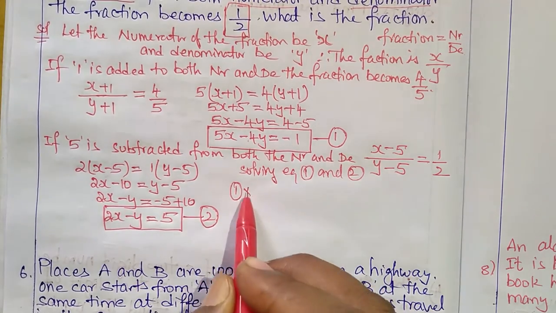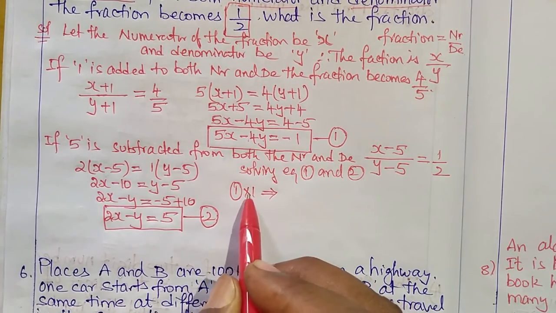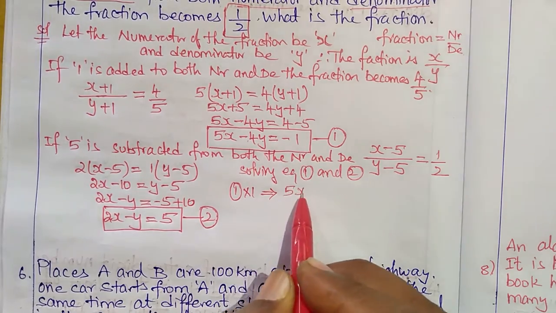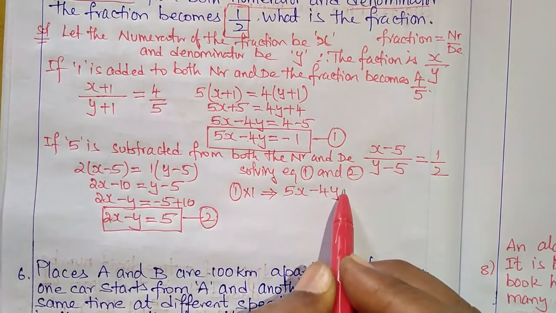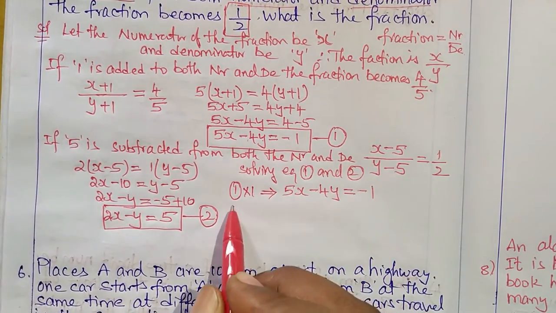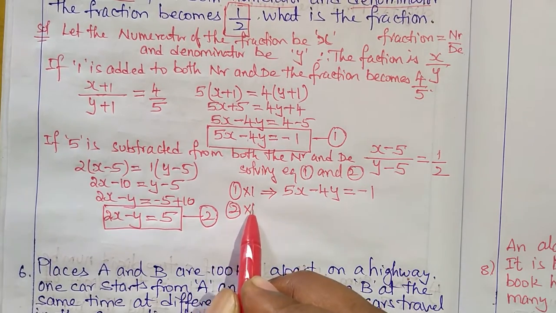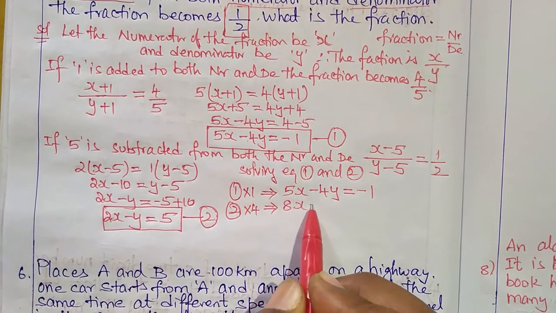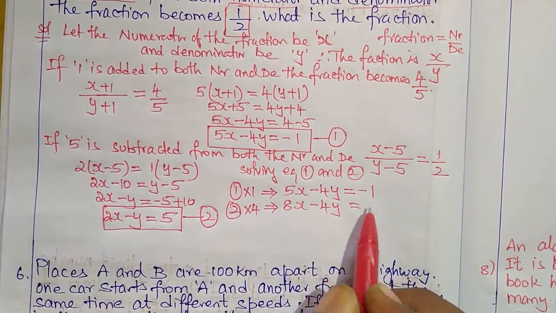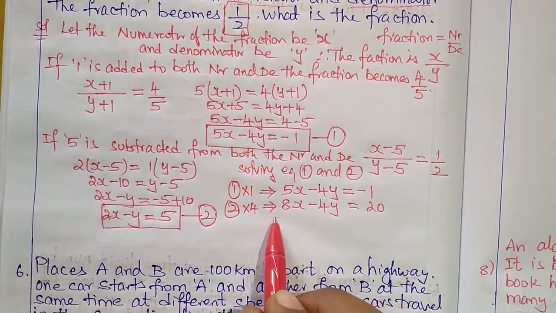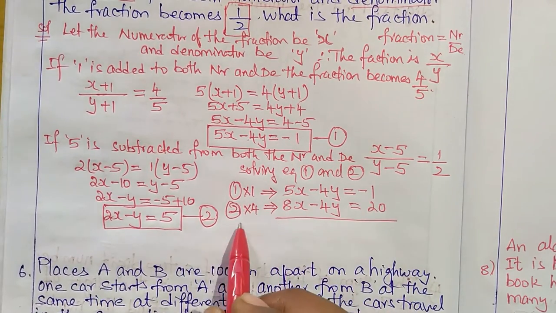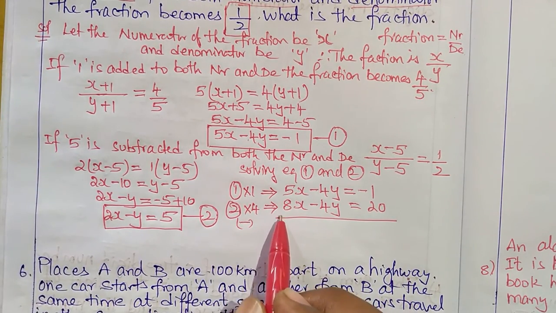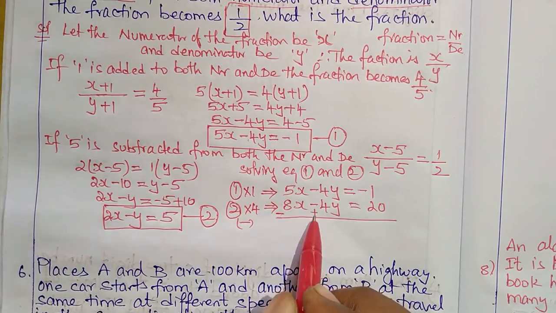I will write equation 1 as it is, multiplying by 1: 5x minus 4y is equal to minus 1. Equation 2, I will multiply with 4. When I multiply with 4, 4 2s are 8x minus 4y is equal to 4 5s are 20.